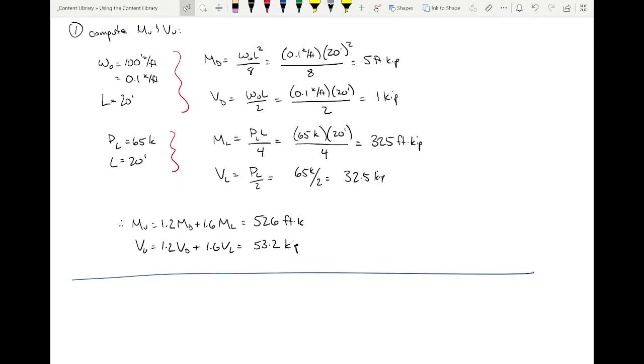Now, I also think that we're all pretty comfortable with this part, compute required Ix. So what we do is we take our live load deflection limit, which is L over 360 for this problem, right?